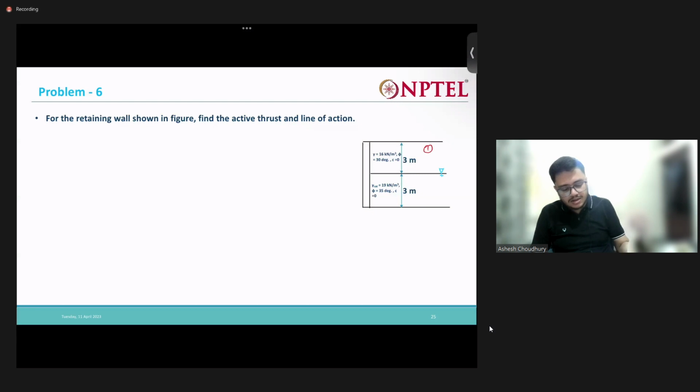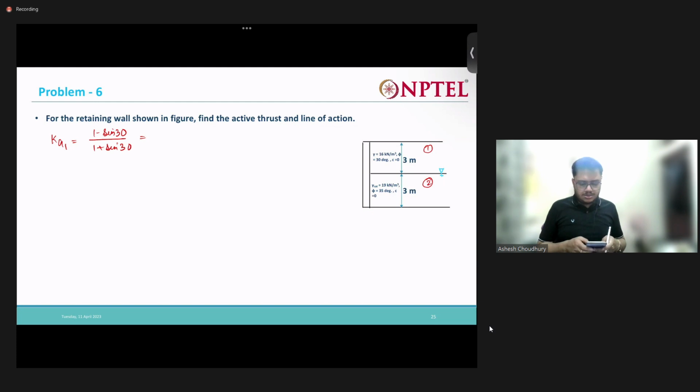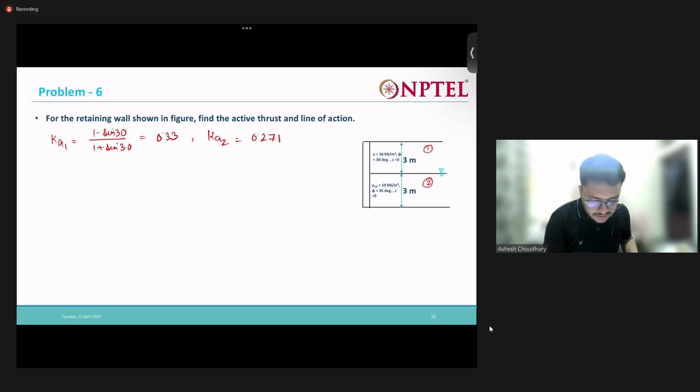Let us call them layer 1 and layer 2. K1 will be 1 by 3, that is 0.33. K2 we already found, 0.271 for 35 degrees. Now for the lower layer, saturated unit weight is given as 19.